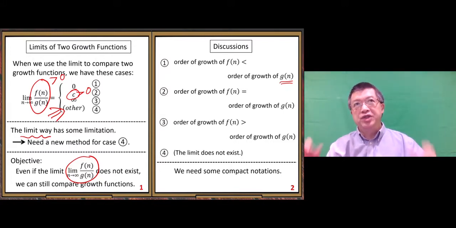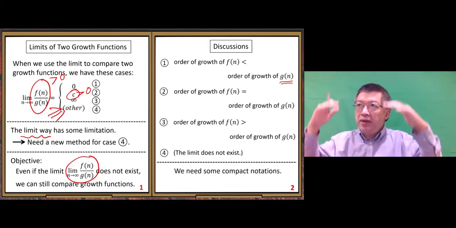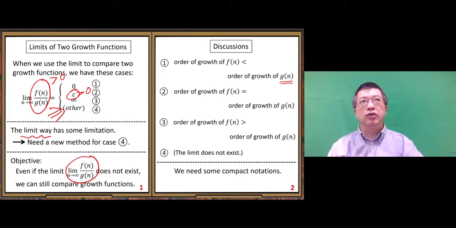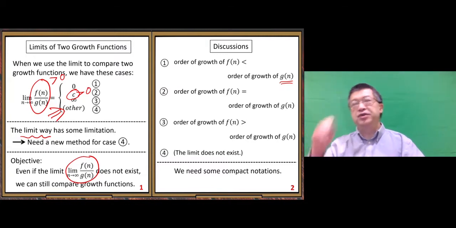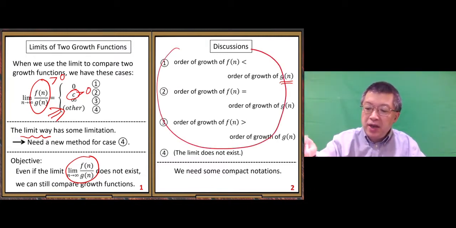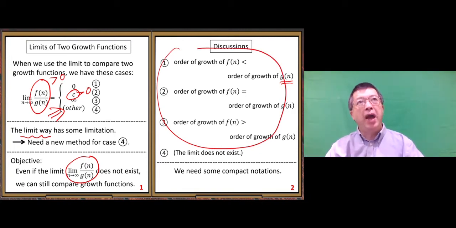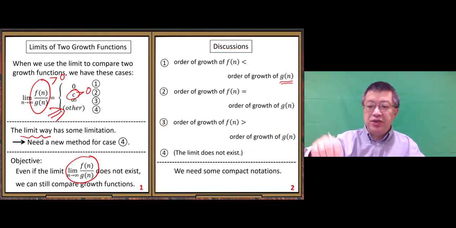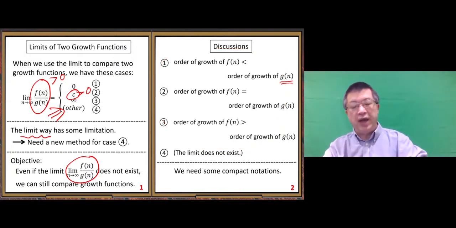We want to use a compact way to represent the same meaning. So we want to use symbols to represent the same meaning here. Compact symbols to represent. So we use asymptotic notations to do that.